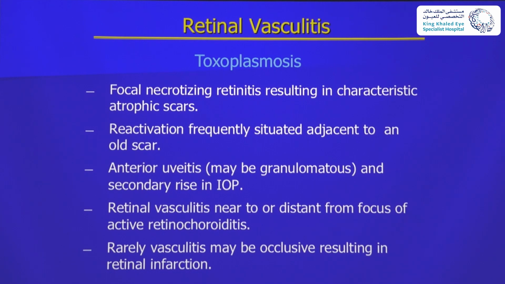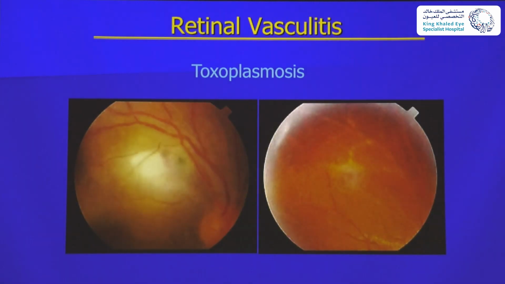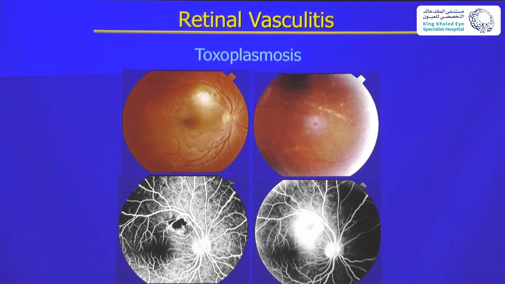The patient can have vasculitis, which can be very close to the lesion or even far away from the area of necrotizing retinitis. And the vasculitis can also be occlusive if it involves blood vessels crossing the lesions. So this is an example of necrotizing retinitis due to toxoplasmosis, and the vascular sheathing, which is in the periphery, away from the lesion.